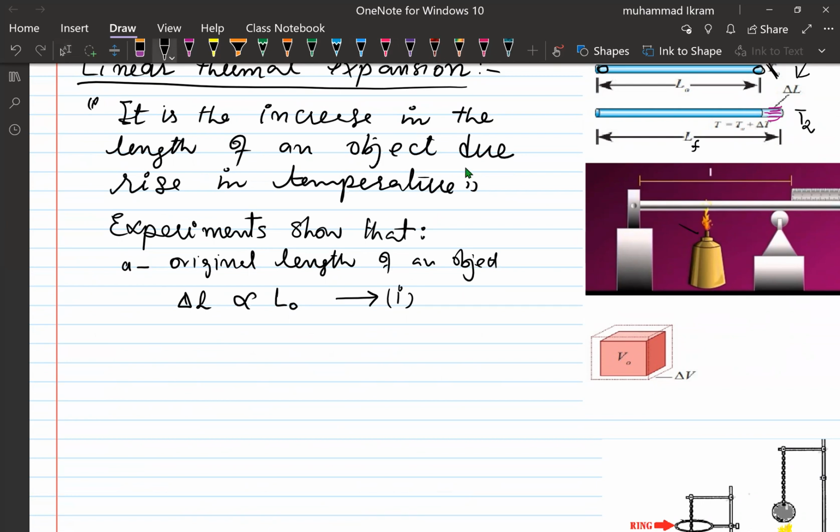The second factor is that it depends on the change of temperature, the rise in temperature.